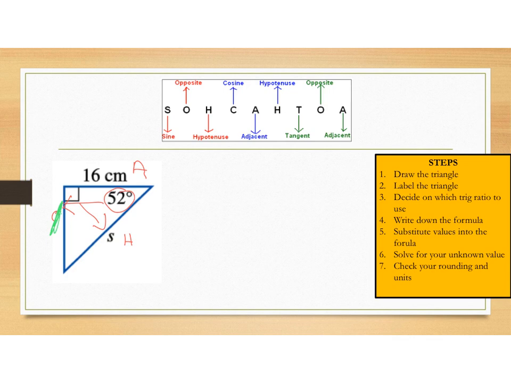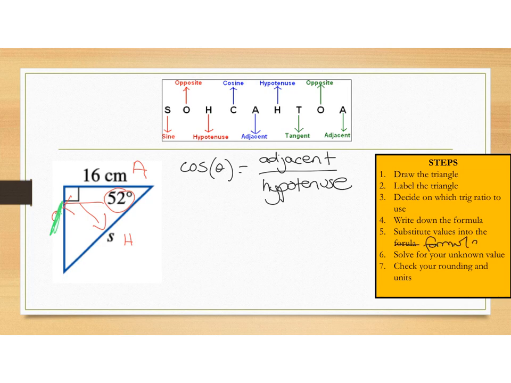So let's write out that formula. So cosine of theta is equal to adjacent over hypotenuse. The next step, number 5, is to substitute the values into the formula.